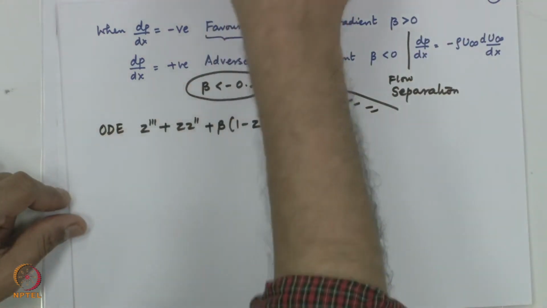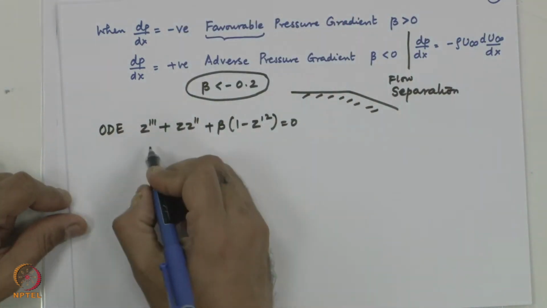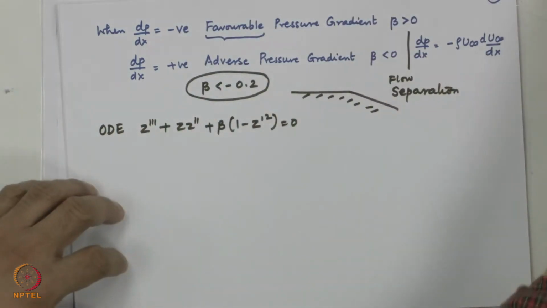If you look at it both ways, when you go back to this expression, m was directly related to your beta.